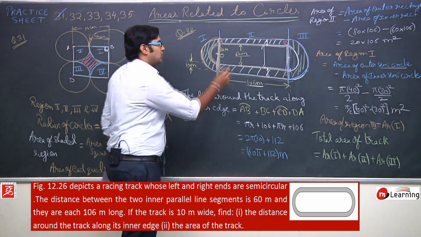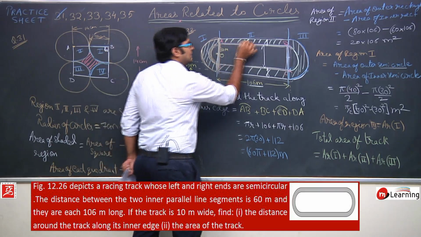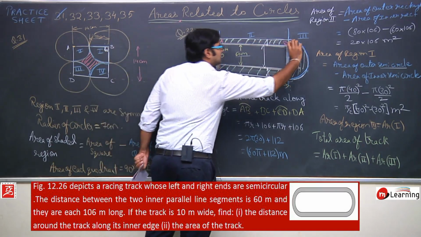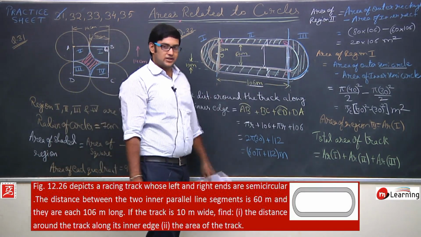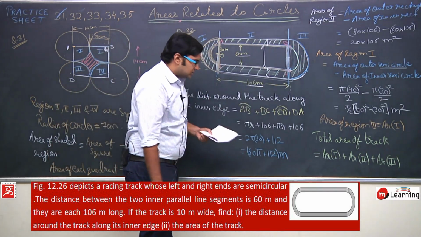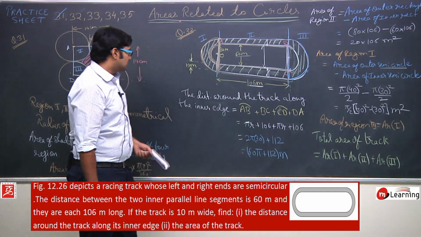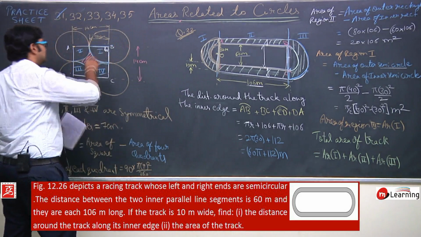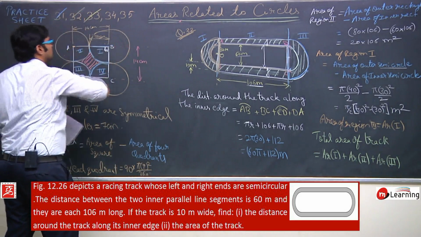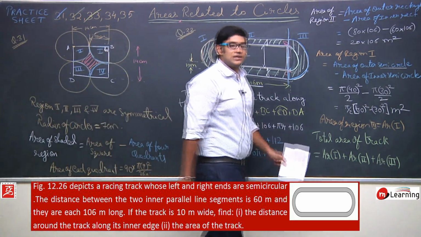Okay, the area of this region plus area of this region and plus area of this region. So this is the total area of the track. Okay, so this is the solution for question number 32. Again, it's a very interesting question, very lengthy question. It is important for a 5-mark question. Okay, so first you note this, then we will continue.